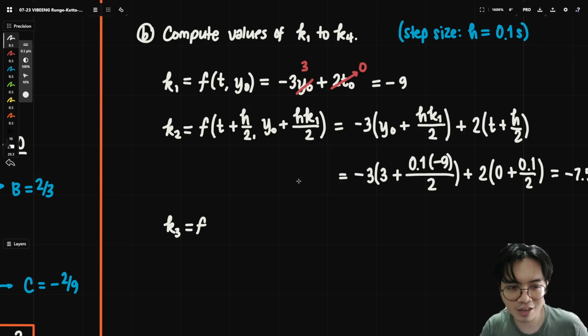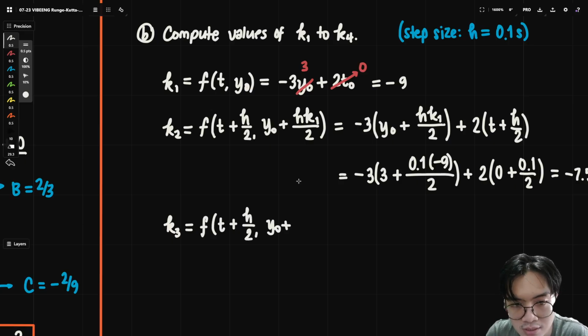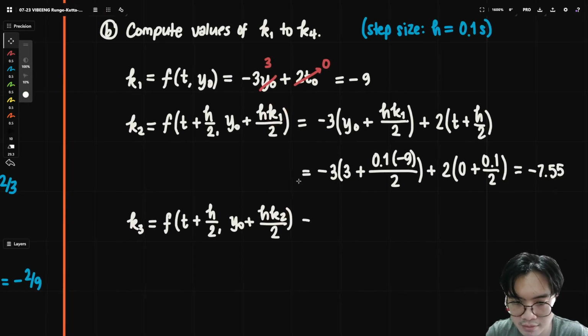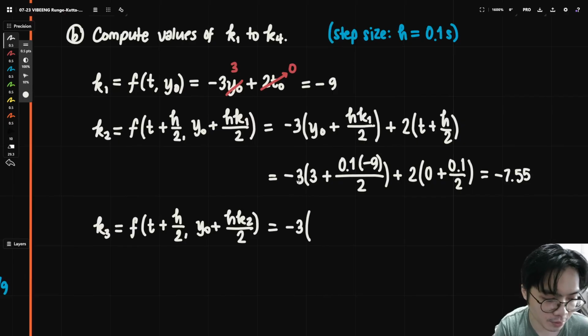Okay. We go to K3 and we realize na ito na naman, gagawin na naman natin, but instead of using K1, you will now use the value of K2. So you can see how this is an iterative process talaga, right? Now, instead of K1 in here, you will use K2, right? So again, we will do this again and hopefully you guys get the pattern now.